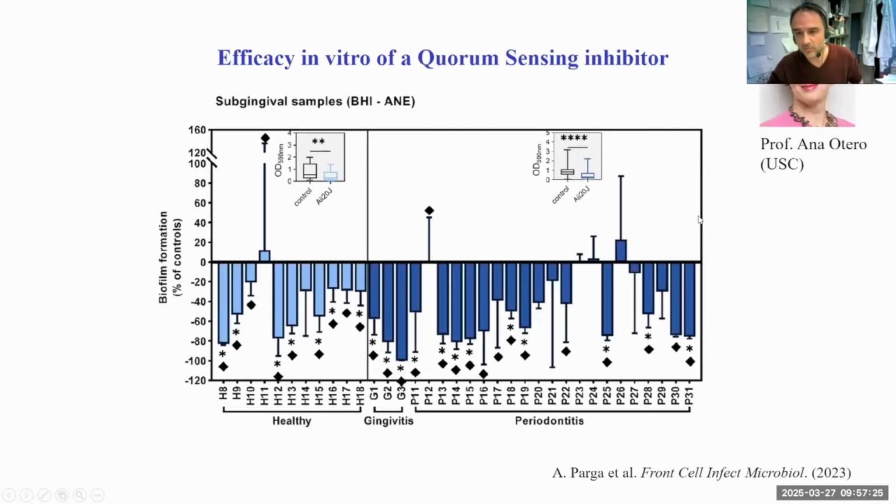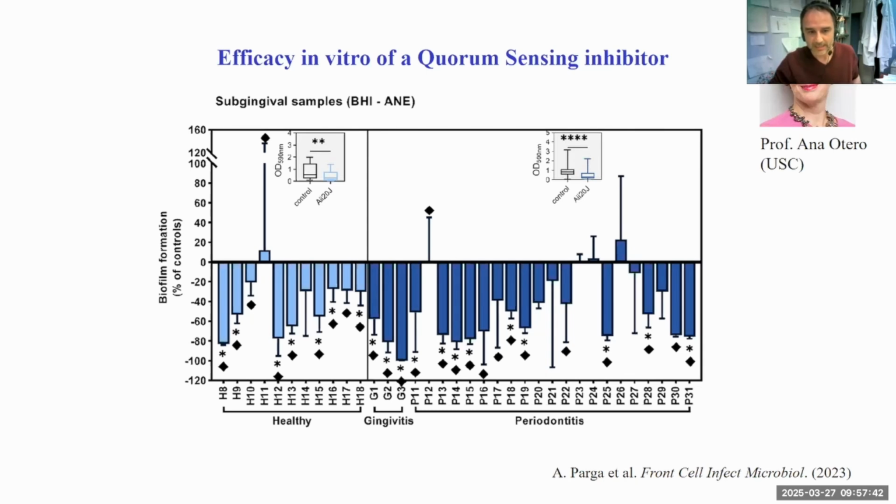This is exactly what Ana Otero at the University of Santiago de Compostela, in the north of Spain, has done. Her team actually found quorum quenching molecules, an inhibitor of these communication signals, produced by a marine organism.